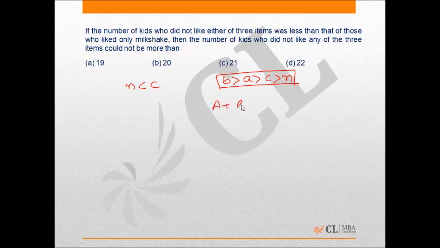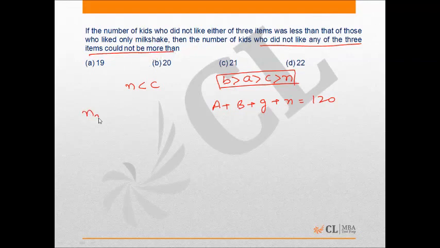Now I have the basic condition which says this A plus B plus G plus N is equal to 120, right? I have to calculate the number of kids who did not like any of the three items could not be more than. What does that mean?